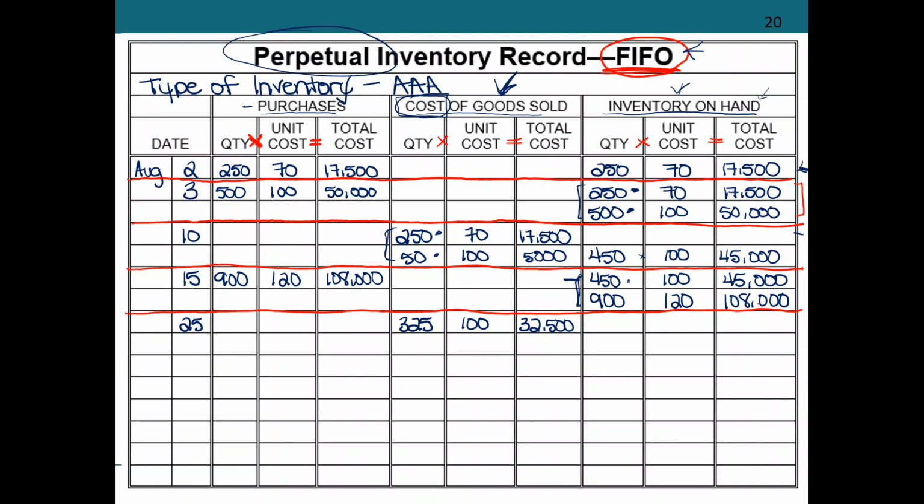We had 450, we subtract the 325 that we sold, and we're left with 125 units at $100. Multiply those, it's 12,500. And then we still have the full 900 at $120, the full cost for those being 108,000.